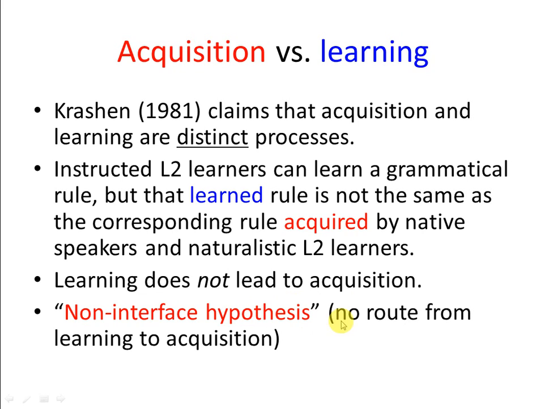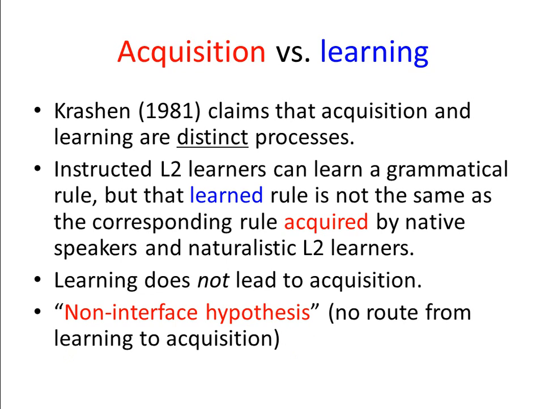You have to acquire it from the beginning. So this hypothesis is called the non-interface hypothesis, because there is no interface between learning and acquisition. So there is no route from learning to acquisition.